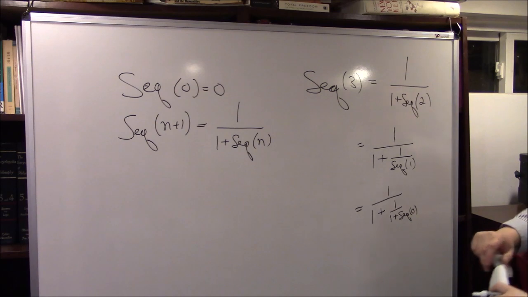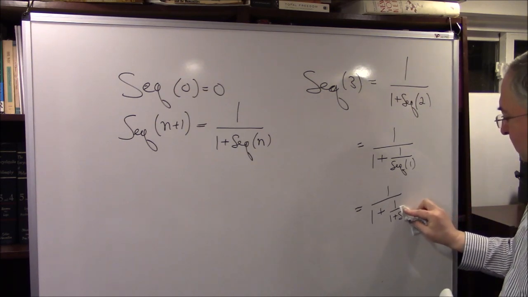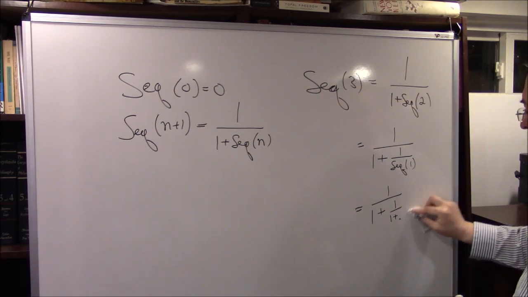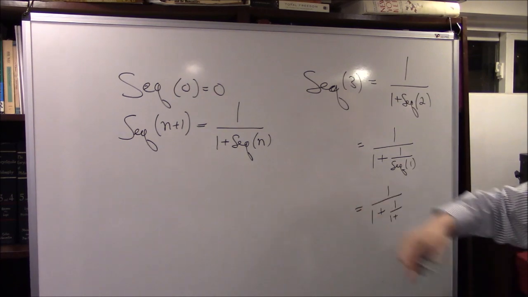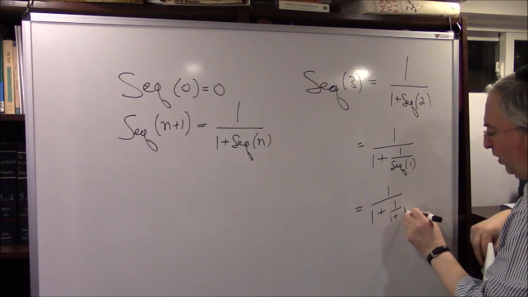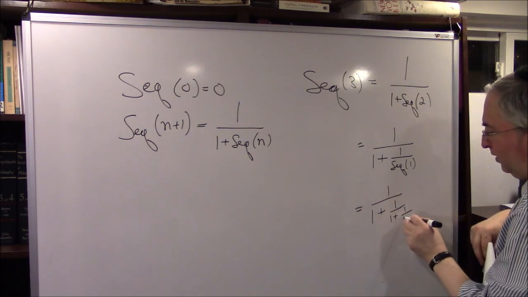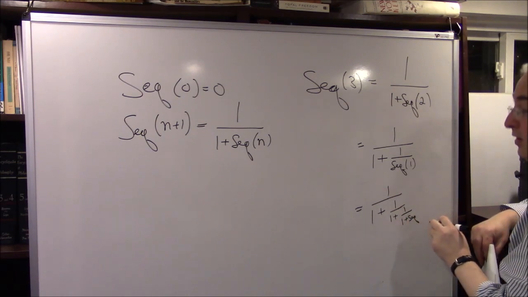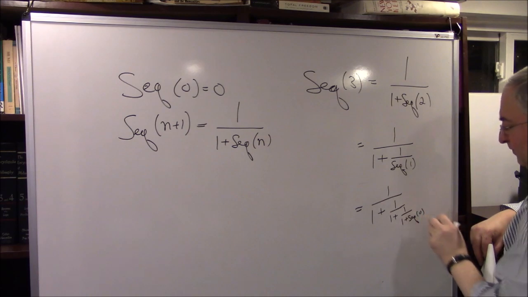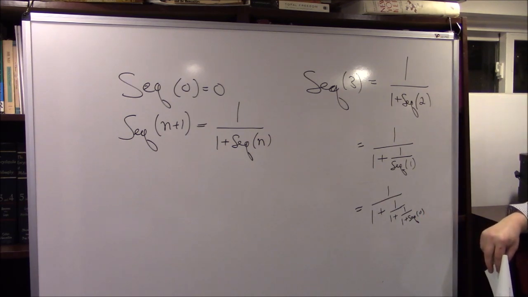Maybe I should have gone further. Nope, mistake. Okay, what's sequence of 1? It's 1 over 1 plus sequence of 0. Okay, great. Now we've got to calculate.